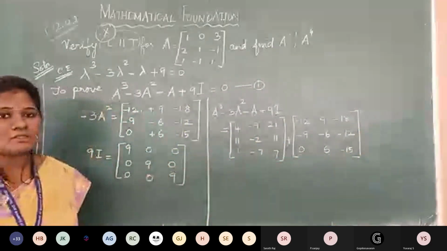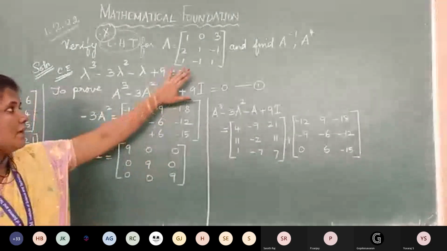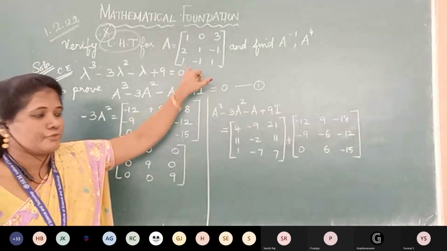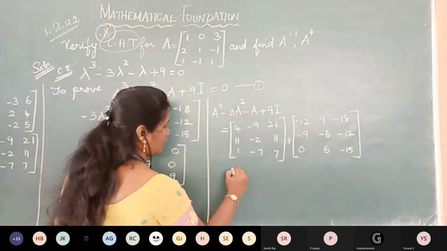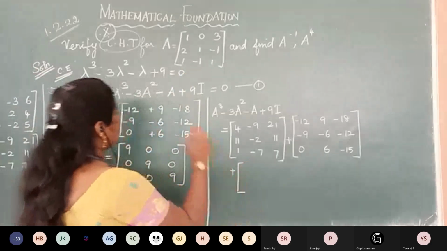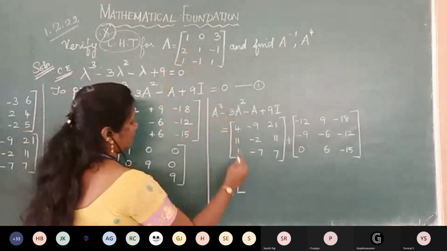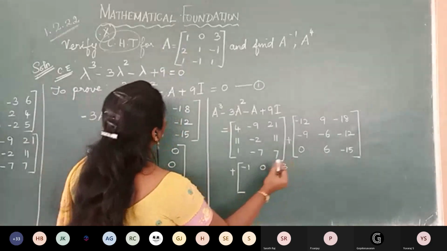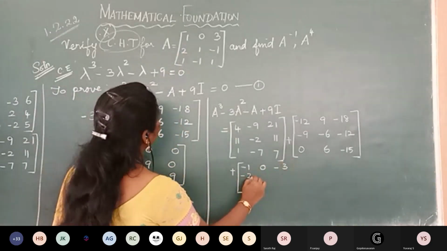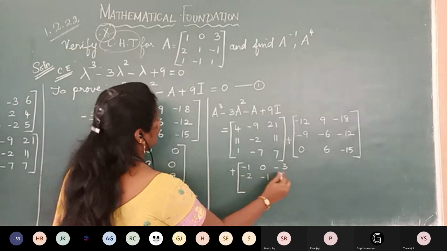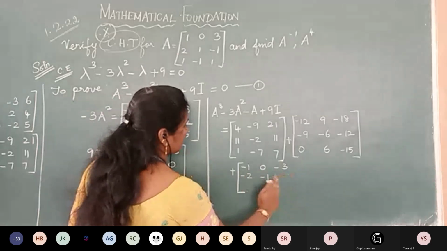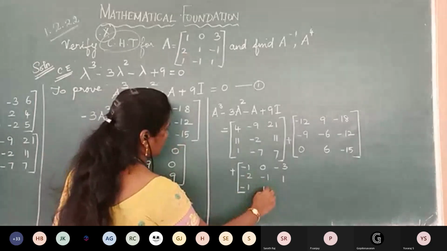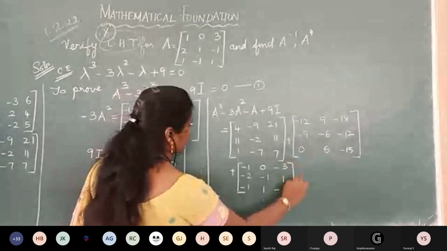Okay, and then it is minus A. Your given matrix is A. You're going to multiply this minus inside. So I'll multiply that minus and I put plus here. So when I multiply minus, it will become minus 1, 0, minus 3, minus 2, minus 1, minus into minus plus 1, and then minus 1, plus 1, minus 1.